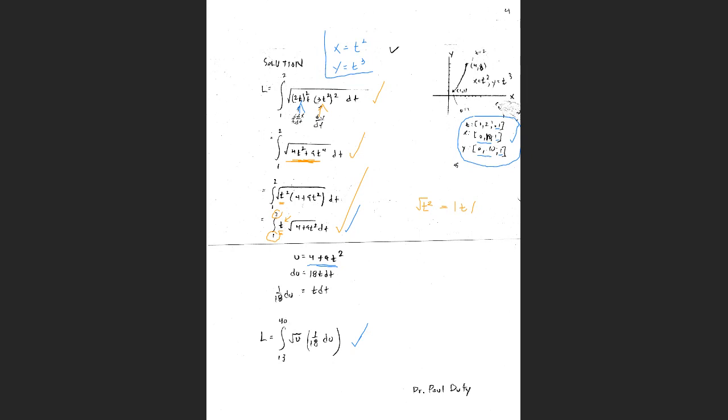The 40 comes from 4 plus 9 times 2 squared, because the original limit was t equals 2. And the 13 comes from 4 plus 9 times 1 squared, because the original limit was t equals 1. And now it's just a section 5.5 problem.